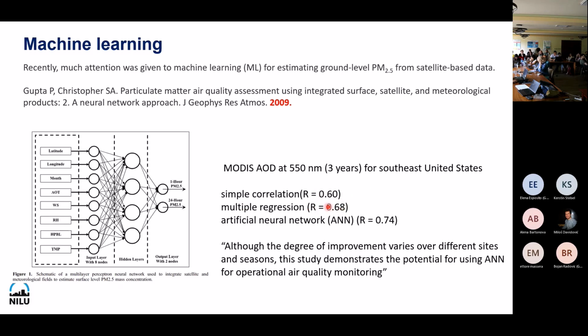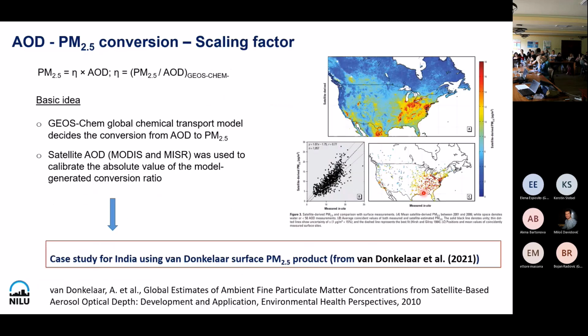It gets better with the multiple regression, and then the machine learning did better. I have not worked with machine learning, but I believe this is a good application for it. Then I think this is something Philipp will talk a little bit more about.